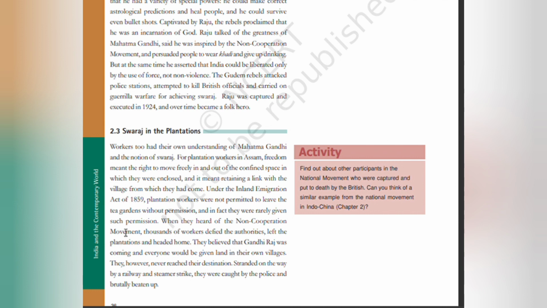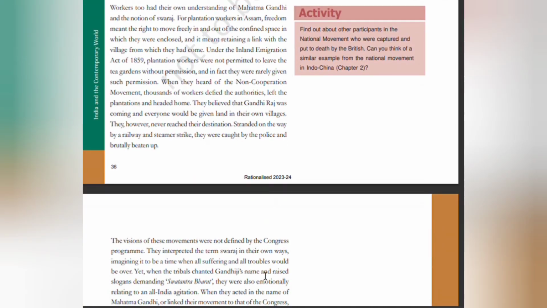When they heard of the non-cooperation movement, thousands of workers defied the authorities, left the plantations, and headed home. They believed that Gandhiji Raj was coming and everyone would be given land in their own villages. They, however, never reached their destination, stranded on the way by a railway and steamer strike. They were caught by the police and brutally beaten up.